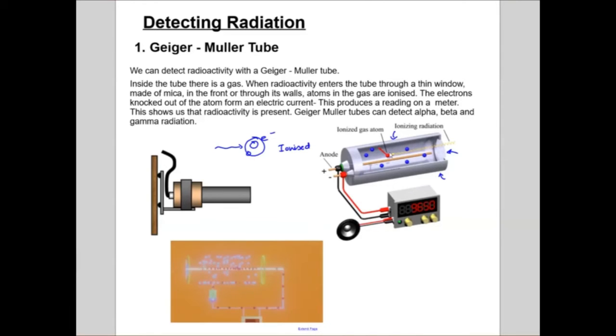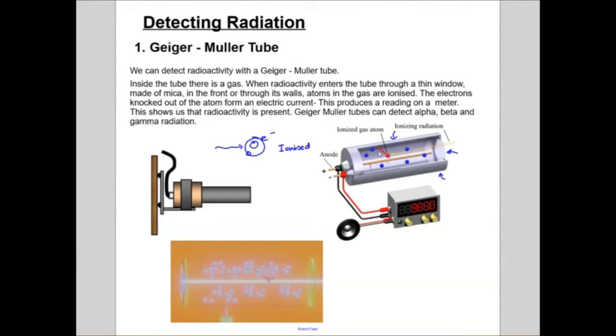Now along with this tube, what this Geiger-Müller tube has is an anode, right? So right in the center, you have a metal copper wire, which is connected to the positive terminal. And the outside chamber, or basically the tube itself, is connected to a negative terminal, right?